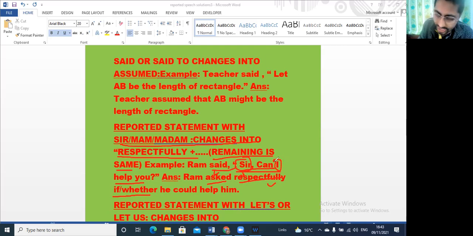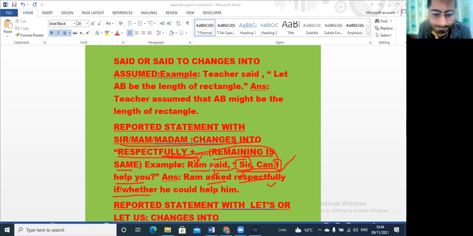While we talk about change of person, always run outside of the jail of inverted commas. Let's escape from the jail of inverted commas. Can I help you? I refers to which person? First person. First person changes according to the subject. What is the subject outside? Ram. Is Ram male or female?